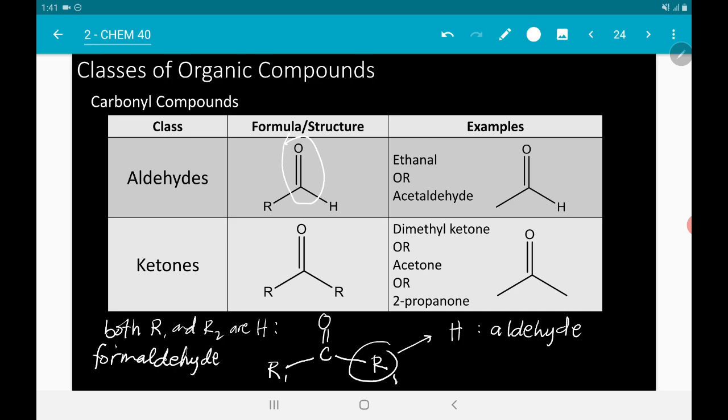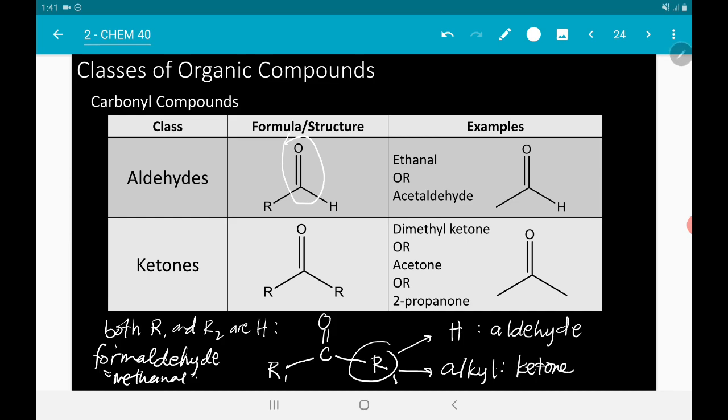Okay, or a methanal. Okay? So, yun yung sa aldehydes. Kung ito ay alkyl, dapat sa carbon siya naka-attach or sa CH2 bond or sa CH bond. Okay? This is a ketone.